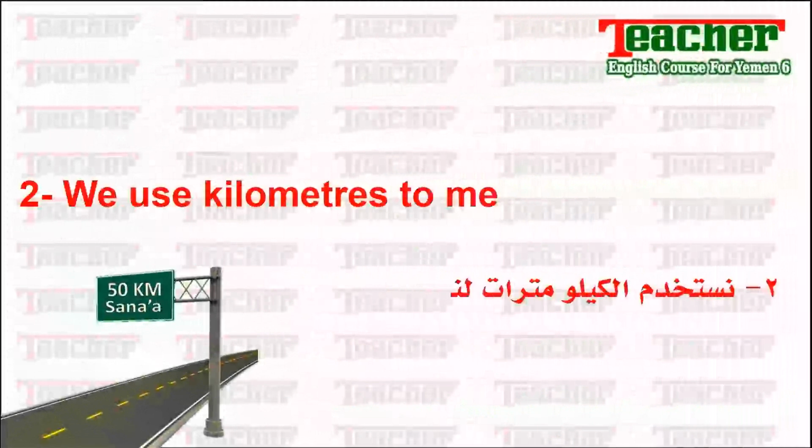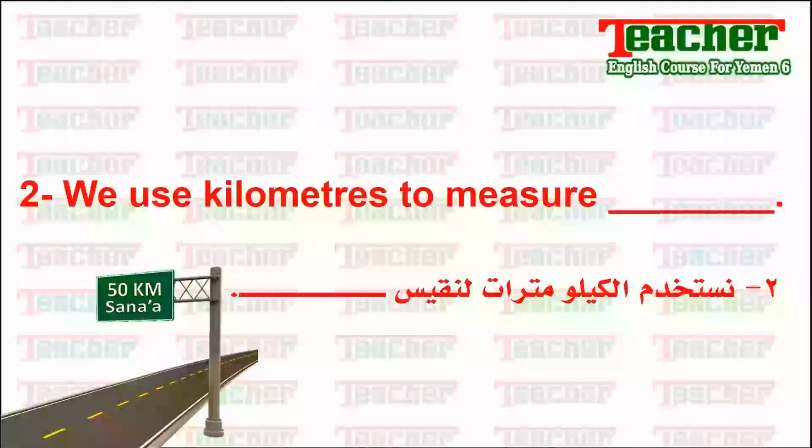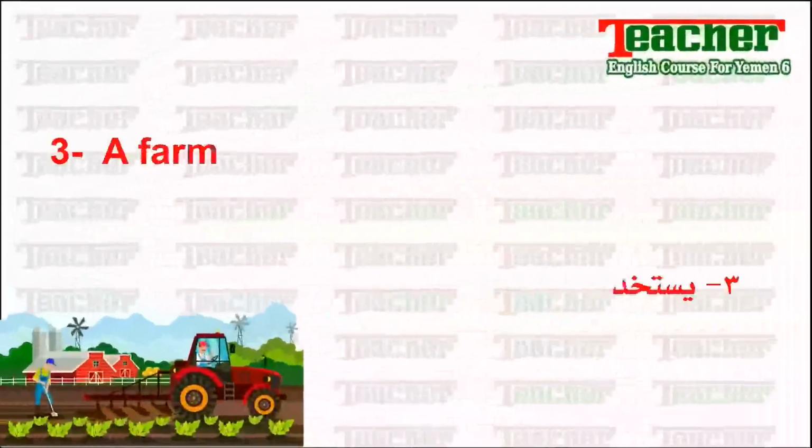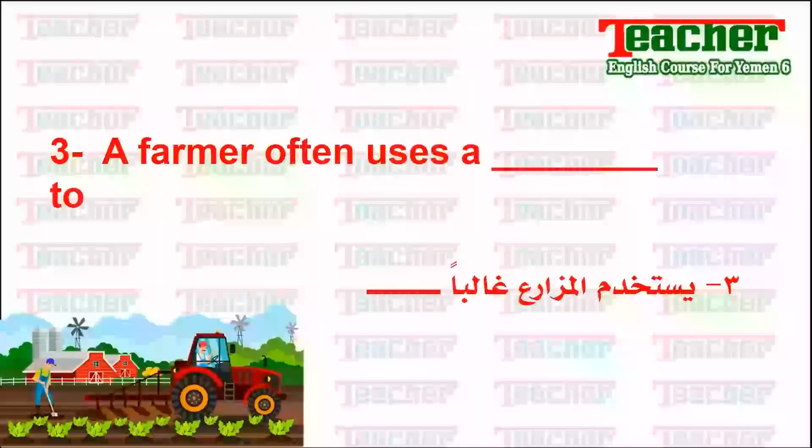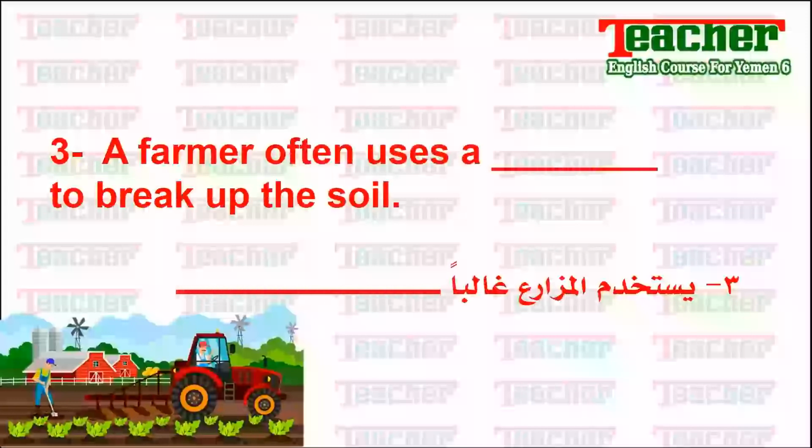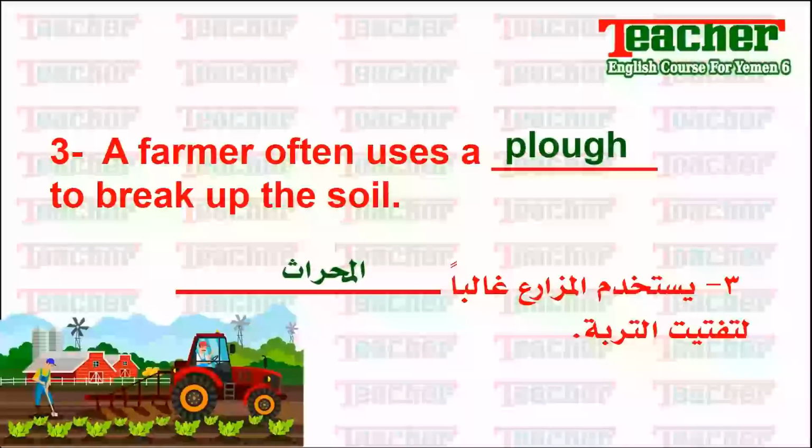We use kilometers to measure distance. 3. A farmer often uses a plow to break up the soil.